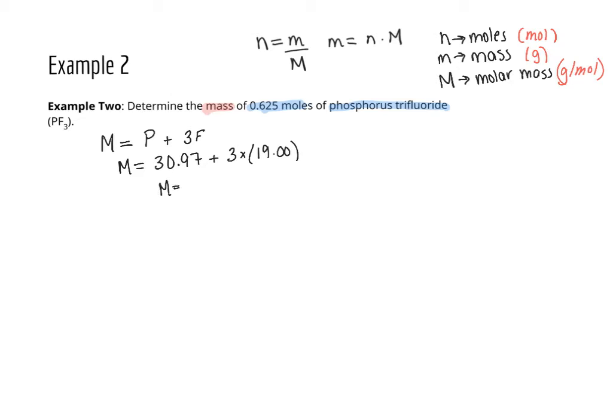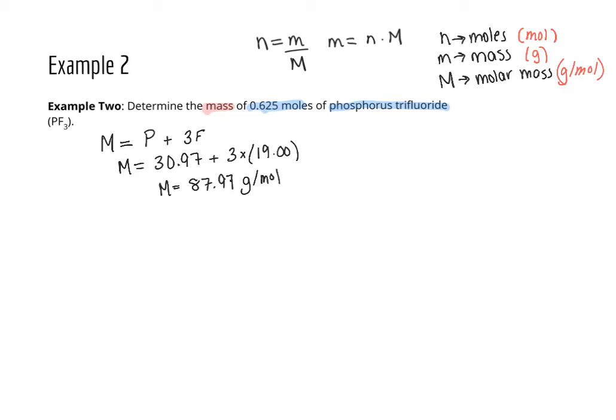And we will get our total molar mass for the molecule, which is 87.97 grams per mole. Because some people might be using periodic tables online, some will be using the one I handed out in class, this might differ slightly based on what periodic table you're using. Don't be discouraged as long as it's within a very reasonable amount, 0.1 either direction, you'll be okay and you'll get the correct answer.